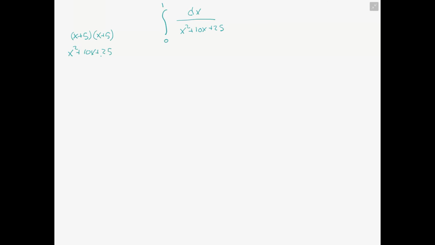Well, here we realize that that function is equal to x plus 5 times x plus 5, so it's a square. That's what x squared plus 10x plus 25 is. So we have the integral from 0 to 1 of dx over (x plus 5) squared.